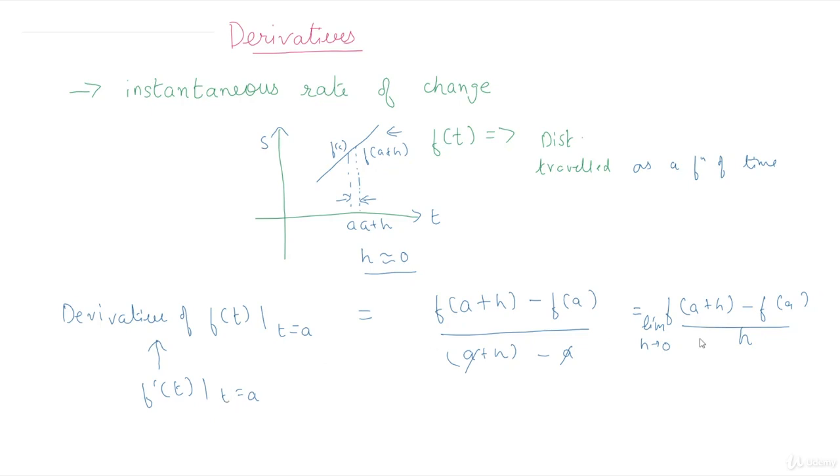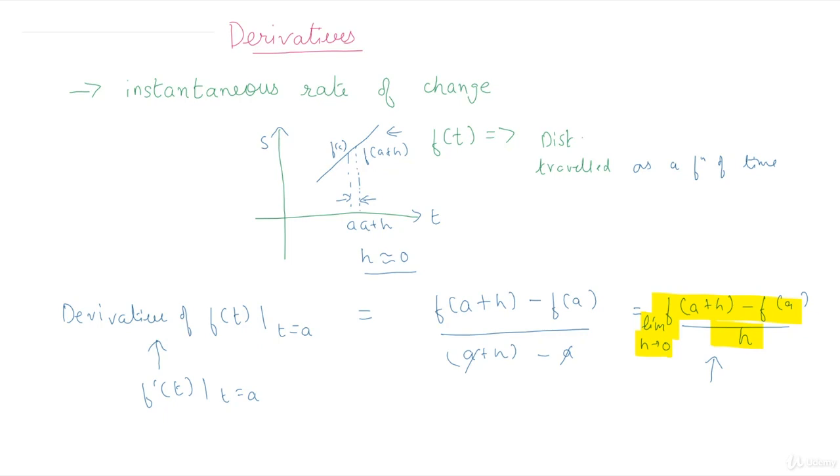Also, this limit should always exist in order for this derivative to exist, right? So this is the main consideration, or we can say this is the basic formula for computing the derivative of f of t. This is what we introduce as the basic definition of computing the derivative.